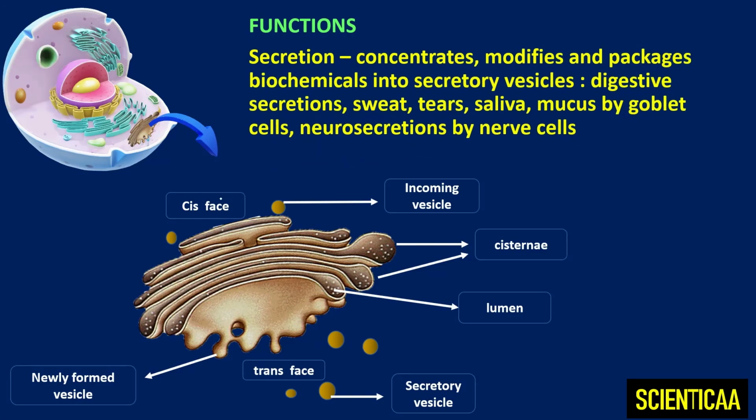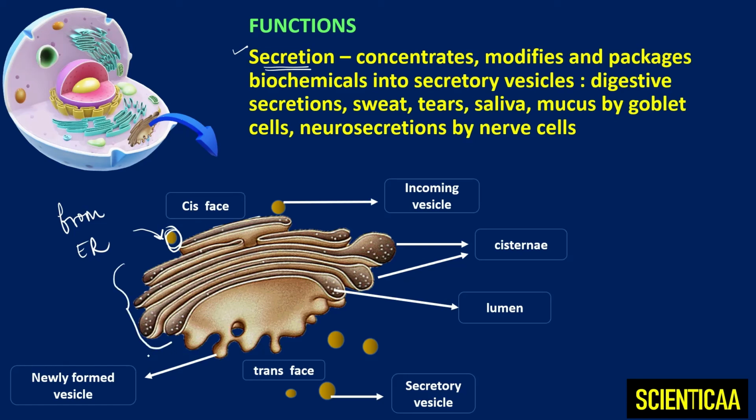Another important function of the Golgi apparatus is secretion. That is one of the main functions of this cell organelle. Now, various proteins, lipids, steroids are received by the Golgi apparatus from the endoplasmic reticulum. And we have seen that these proteins, lipids, and other substances are modified, concentrated, and packed inside the Golgi apparatus.